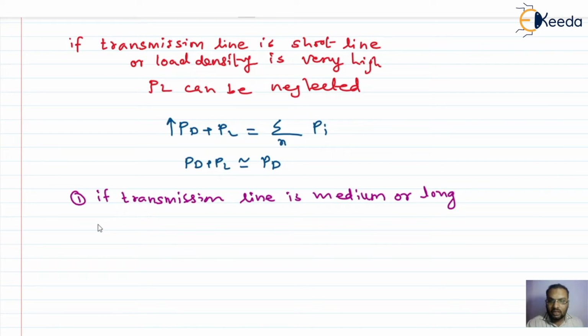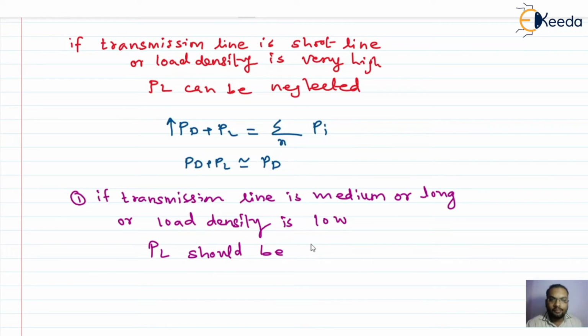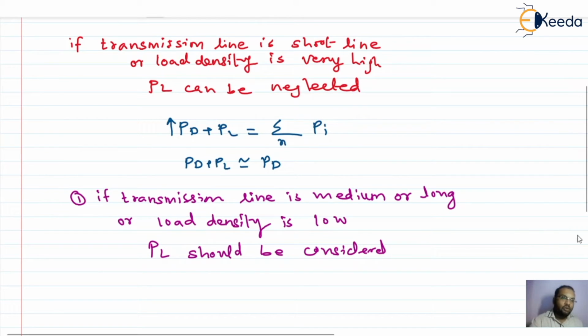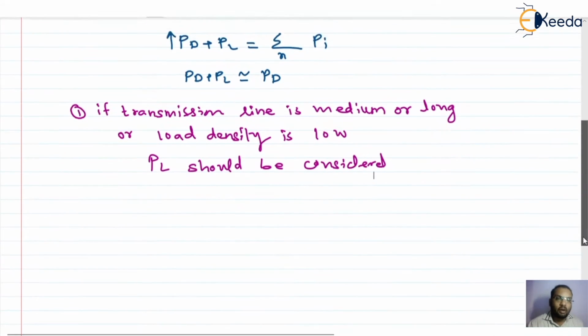The second condition is if the load density is low. In these two conditions, we should not neglect the power losses. So I will write here: PL, power loss, should be considered.